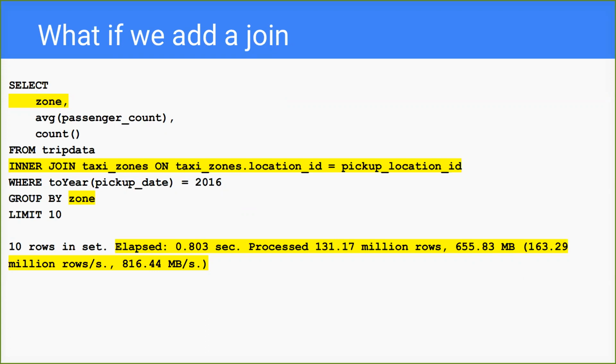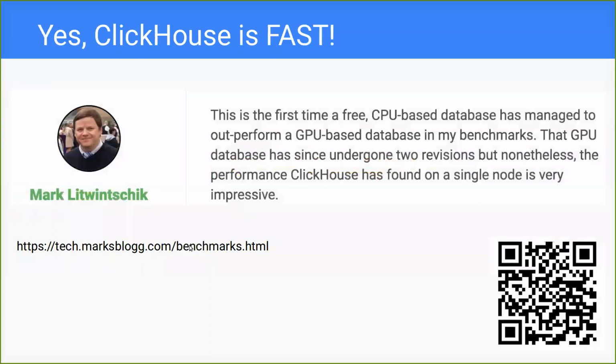We're doing an inner join, and what we're doing is joining with a table that turns that location ID into a nice name for the zone that they were picked up in. And that comes up to about 8/10 of a second. So this is pretty fast. We're working on a very large data set, and for some people, this is already nice.